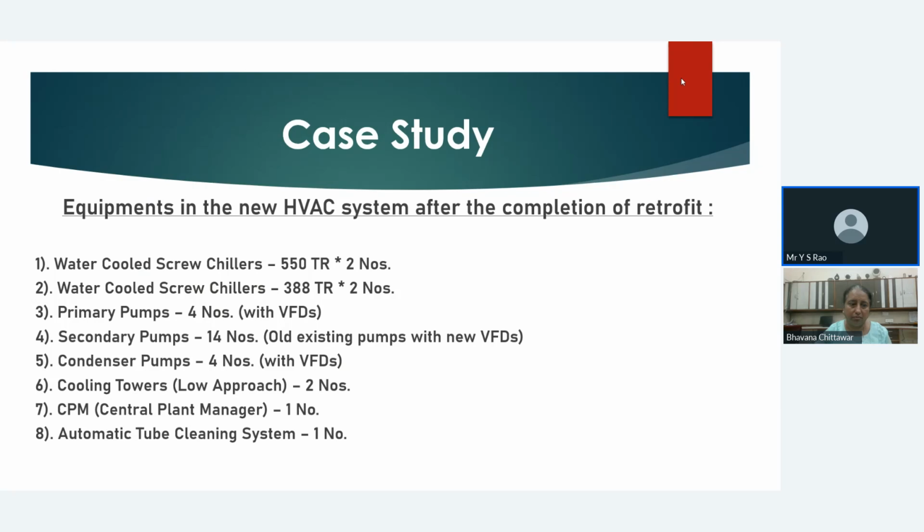And one more new system was added to the plant room, that is an automated tube cleaning system. One single system was serving both the new chillers of 550 TR capacity each, along with an automated logic control system that we call the chiller plant manager in layman's language.